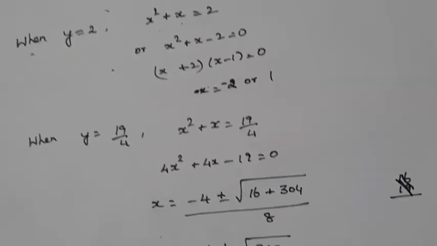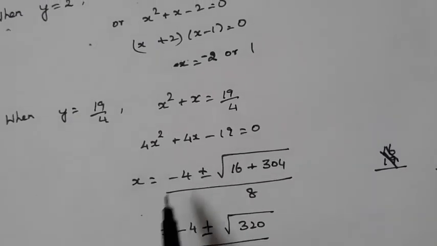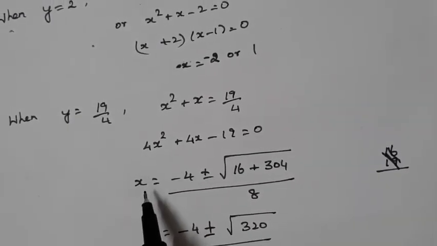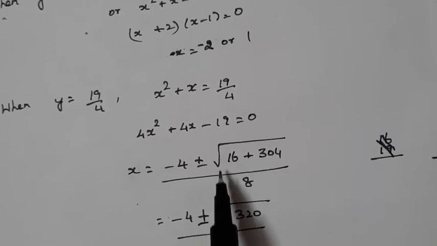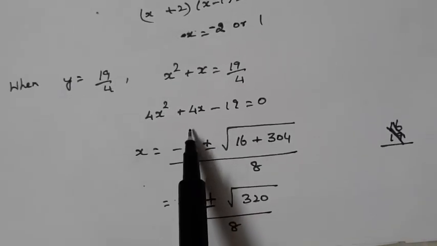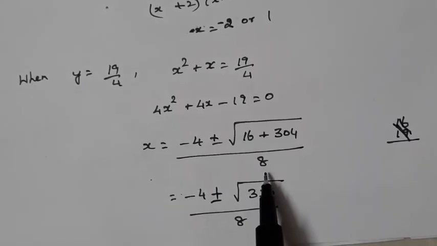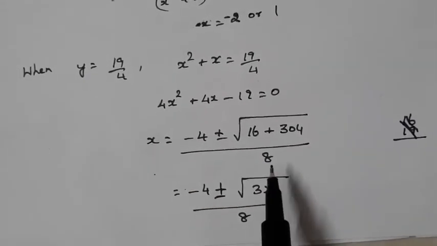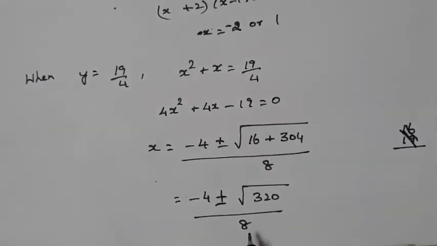And then let us factorize this. But we are not able to factorize, so let us use the formula to find the solution of x. So x is equal to minus b, that is minus 4, plus or minus root of b squared, 16, minus 4ac. So minus 4 into minus 19, that is plus 304, divided by 2a, 2 into 4, 8. Now minus 4 plus or minus root of 320 divided by 8.